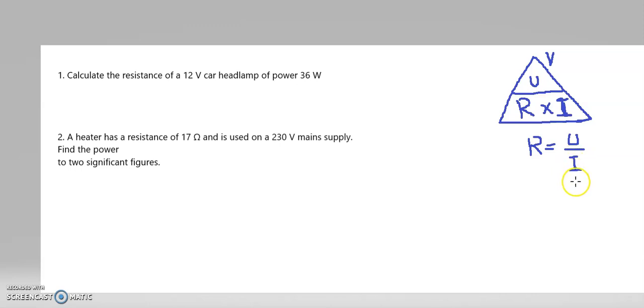So resistance is voltage divided by the current. And when the resistance is constant, which we say that we have an ohmic resistor, current and voltage are directly proportional, and this is called the Ohm's law.